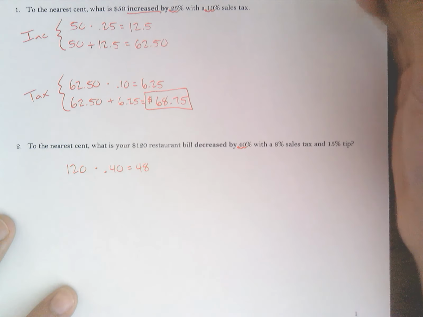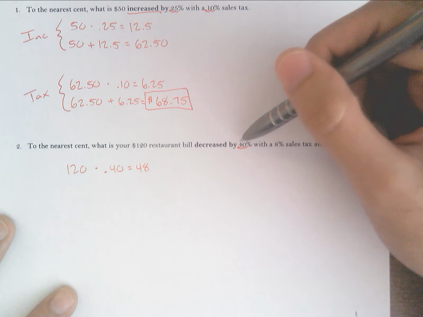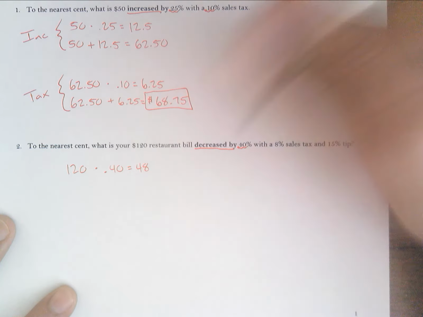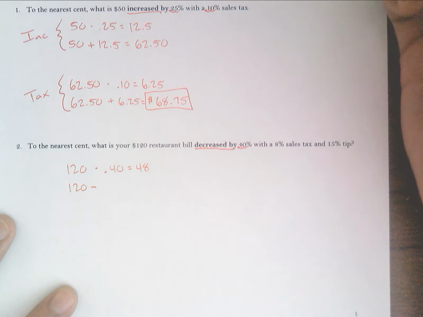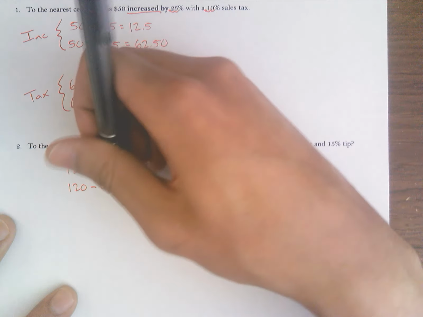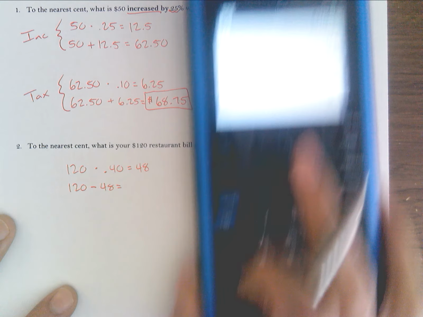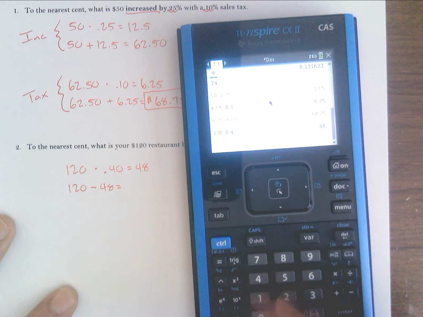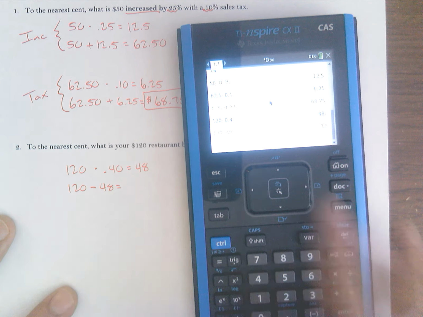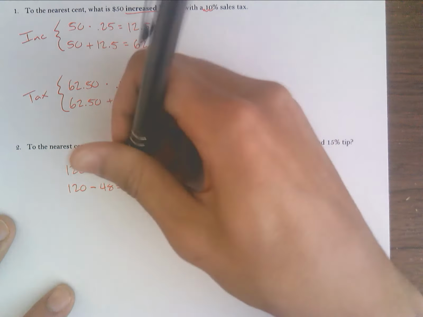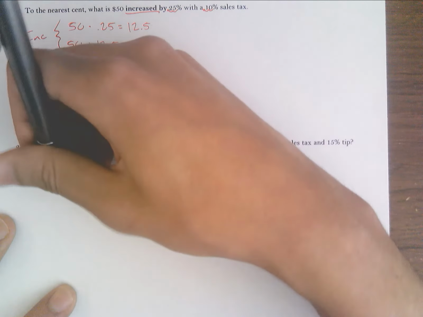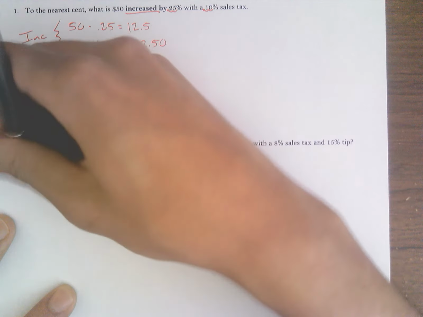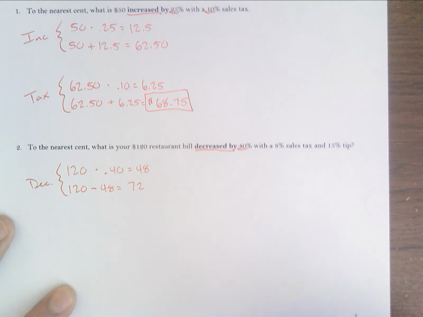And then this is decreased by 40%, so we want to subtract that from our original 120. So 120 minus 48 is 72. So that's equal to 72. This is our percent decrease.